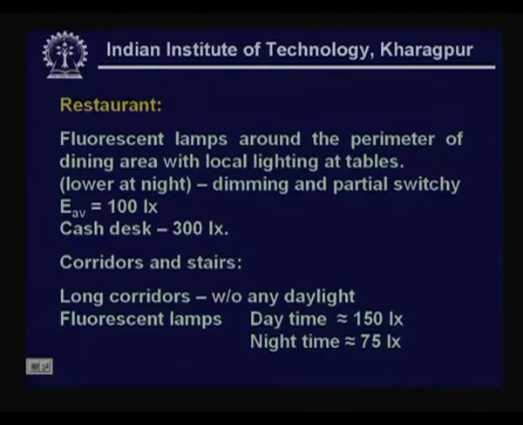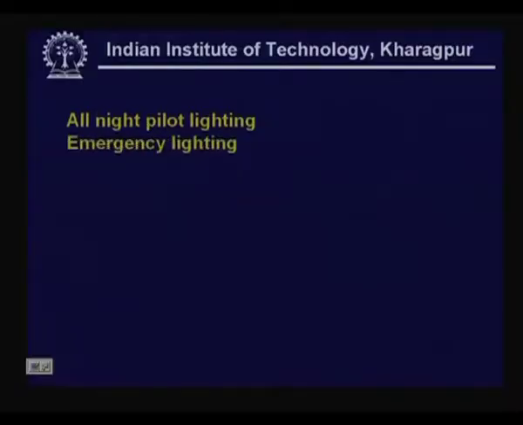This is essentially to enable our human eye to adjust when coming from outside. At night it will be dark, and apart from this, all-night pilot lighting is required in a hotel to direct people, and emergency lighting is obviously required for evacuating.